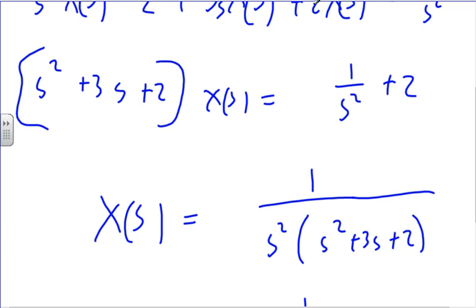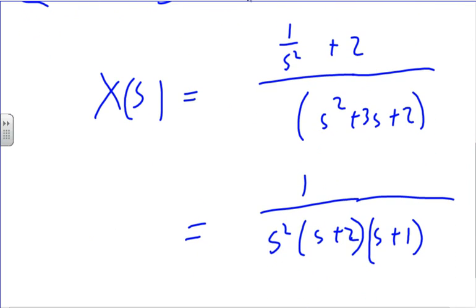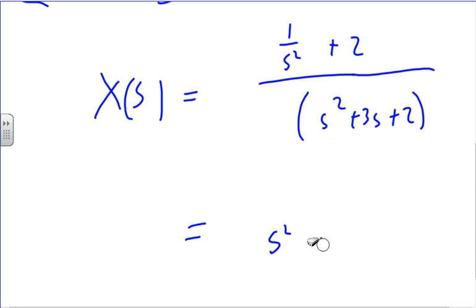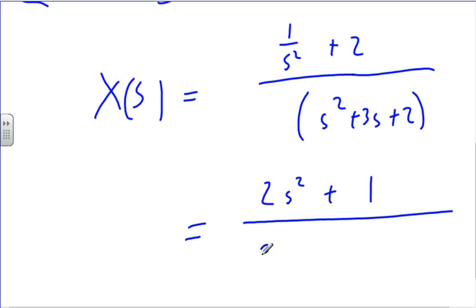All right, now I gotta do something else now. All right, so I've got 1 over s squared plus 2. All right, so I'm going to multiply both top and bottom by s squared. So I'm going to have 2s squared plus 1 over s squared, not s squared, s plus 2s plus 1.